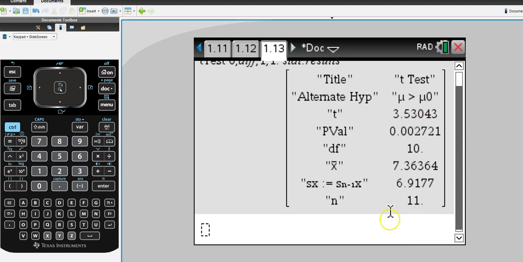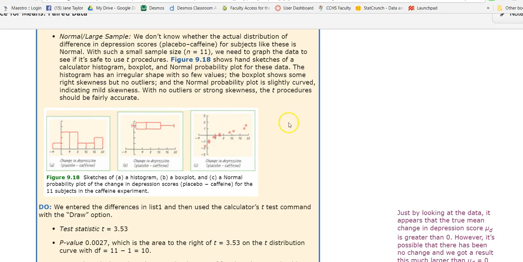So we have convincing evidence that the difference in depression scores for the people who took the caffeine and the placebo pills is not 0. In fact, we have convincing evidence that it's greater than 0, that people who took the placebo tended to have higher depression rates.